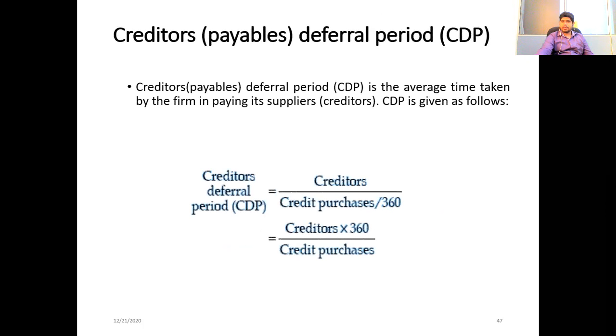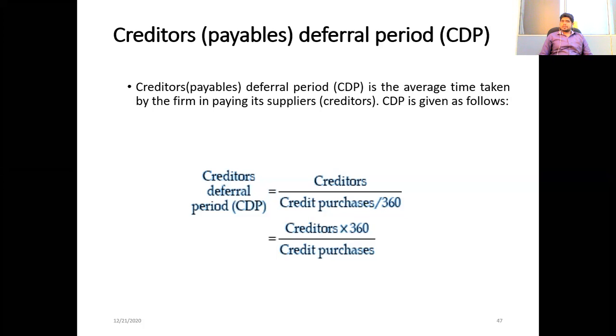Then the liability side. When we purchase our raw material on credit basis, we have to settle that with our creditors. So how do we calculate creditors payable period? Creditors or payable period, the deferral period, is the average time taken by the firm in paying its suppliers.